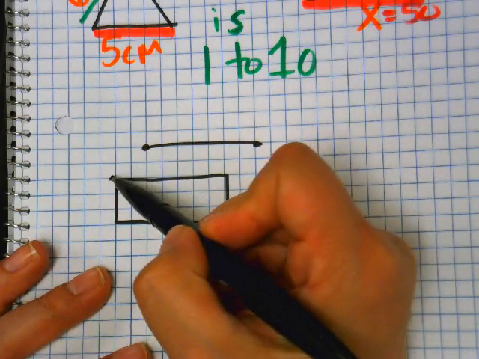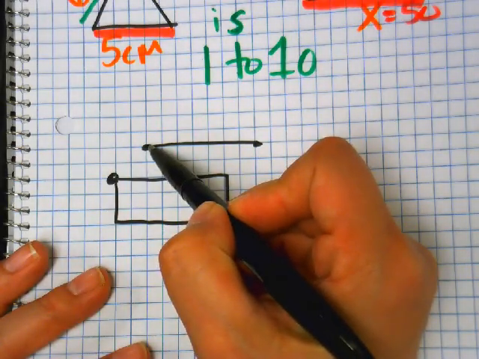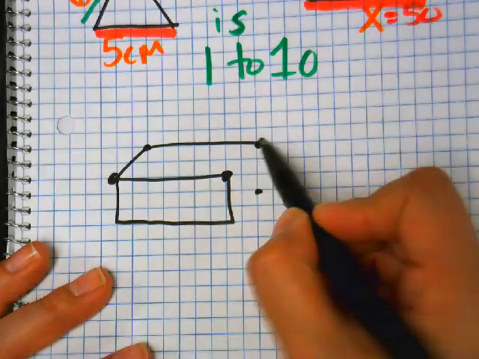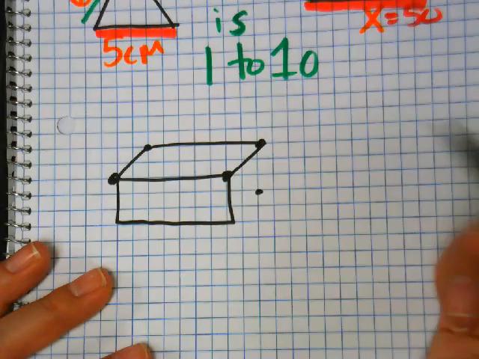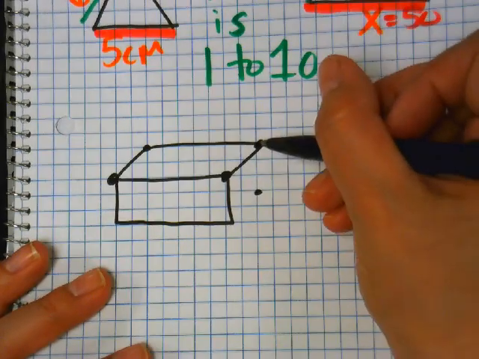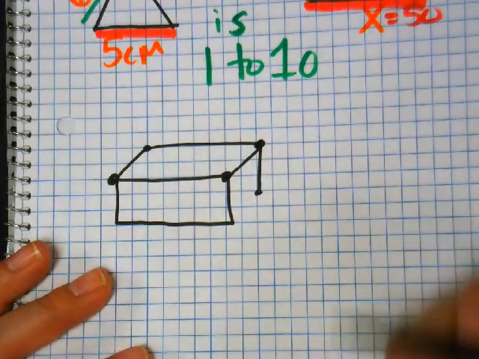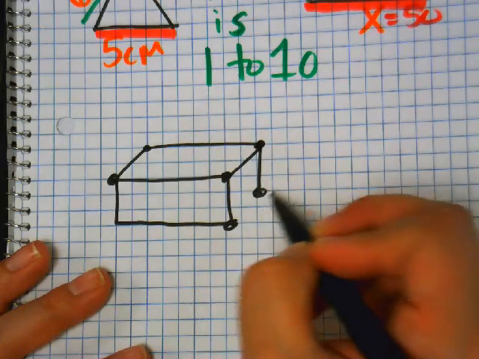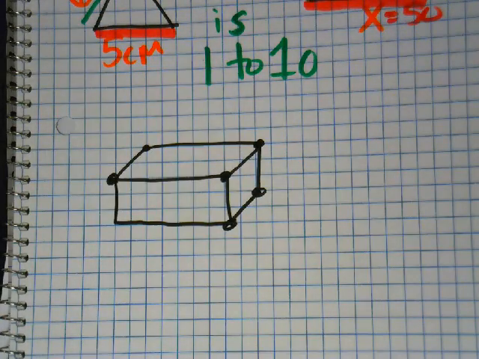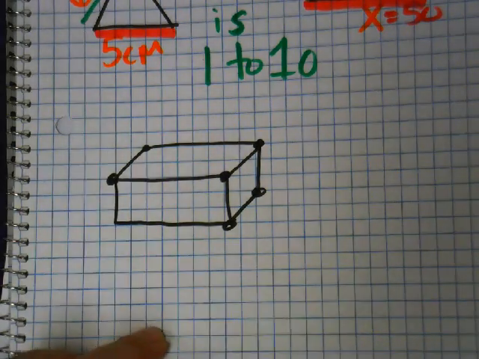Then I connect this to this dot. And this to this dot. And these two dots straight down. And then this dot to that dot.